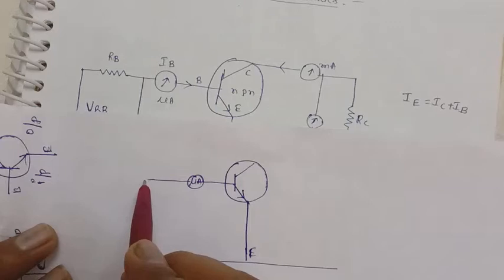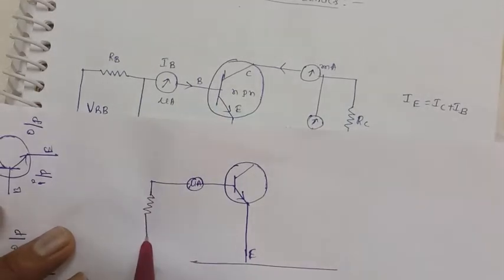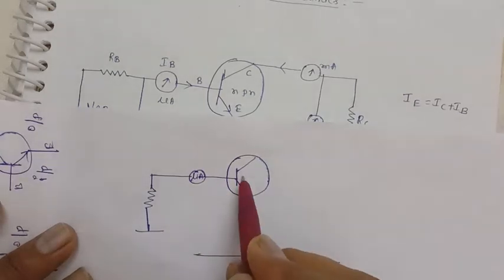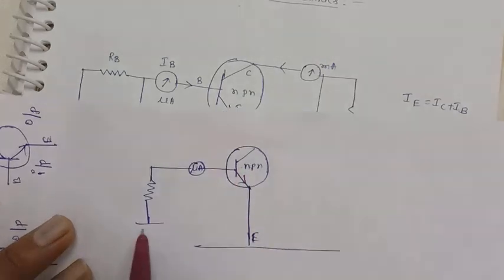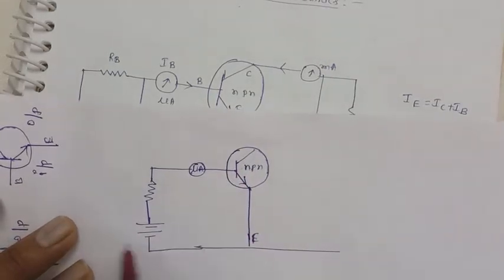This one is connected through a resistor. The input voltage, it is an NPN so the central is positive. So positive, negative. So it is the VBB.